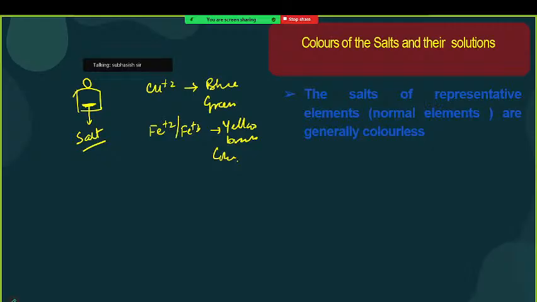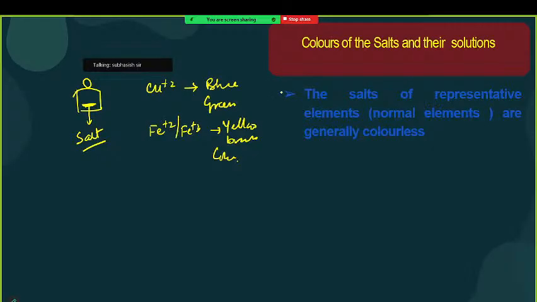So color does not give a confirmation of the salt, but it can give you some idea about it. This is important. That's why initially we should have some conception about which types of salts are colored and which types are colorless.